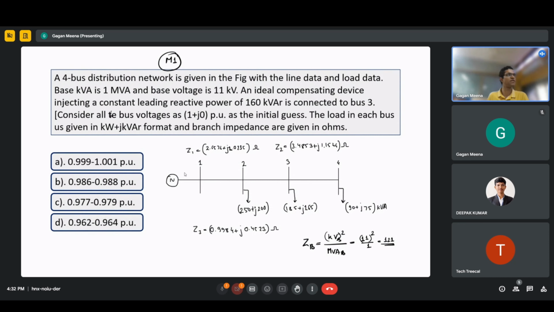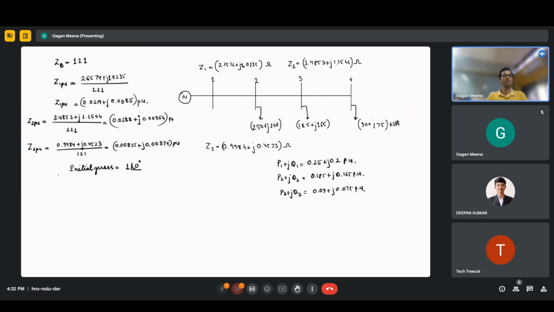The question is to find the voltage at bus 3 after the first iteration. So we have to do only one iteration. Now we will find branch current, and for branch current we need load current also.